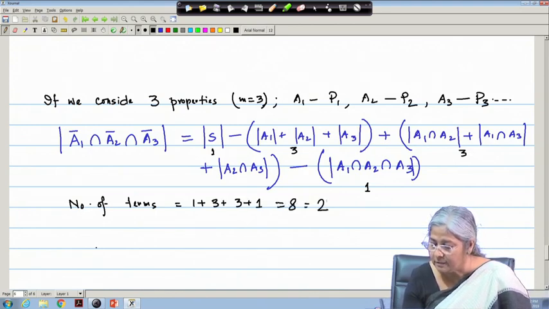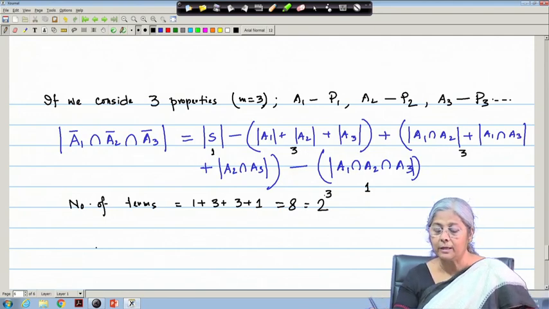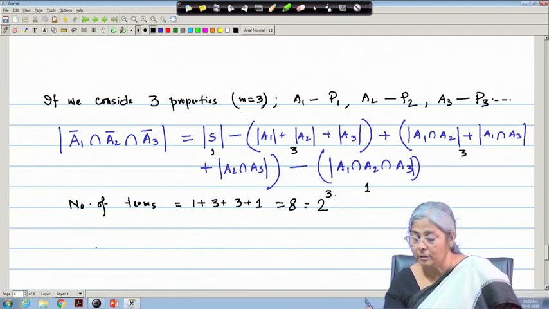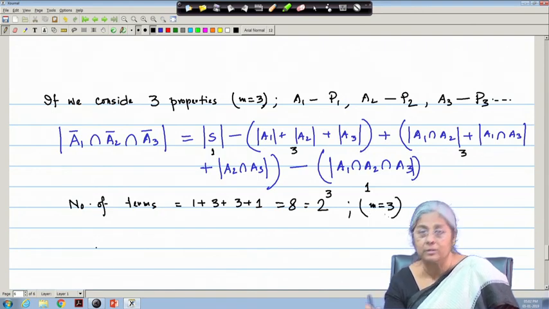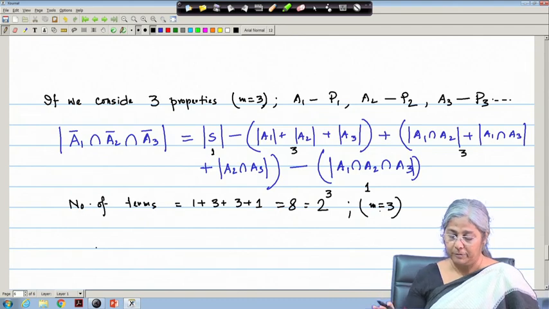I can write this as 2 to the power 3, since I have considered m equal to 3, or we have considered 3 subsets of these properties.